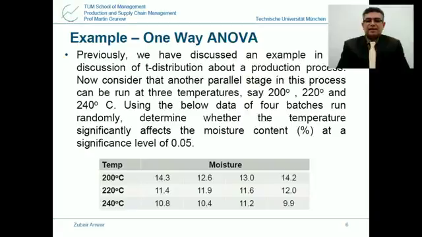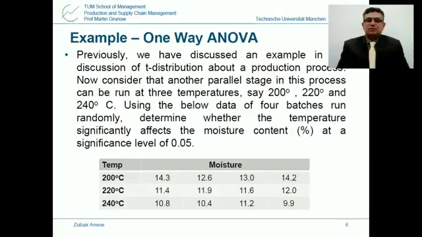Now let me take one example in order to understand how to apply one-way ANOVA. Previously we discussed an example in the discussion of the T distribution about a production process. Now consider that another parallel stage in this process can be run at 3 temperatures, say 200 degrees, 220 degrees and 240 degrees.